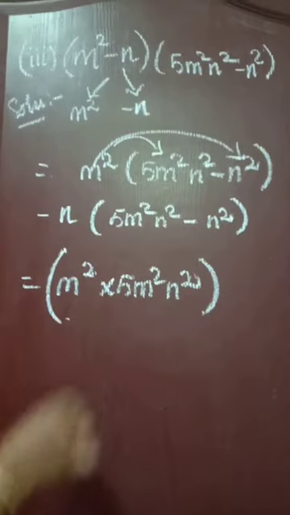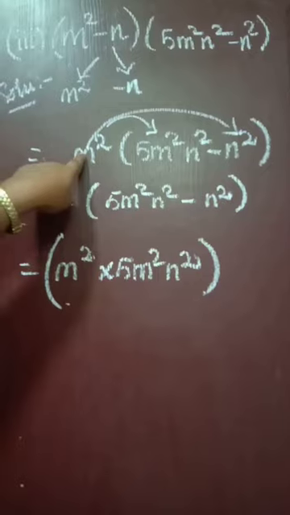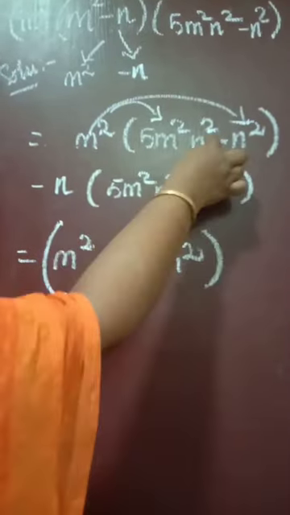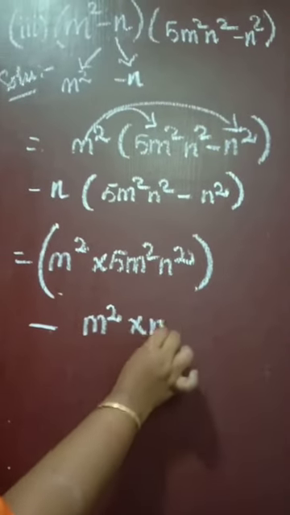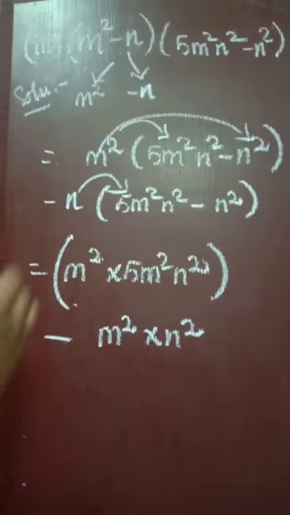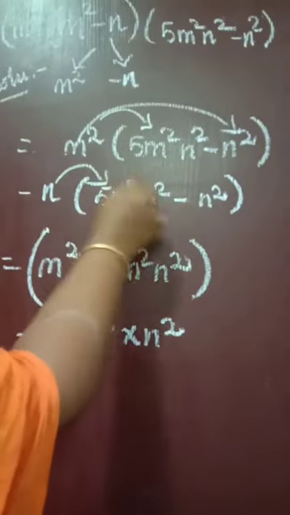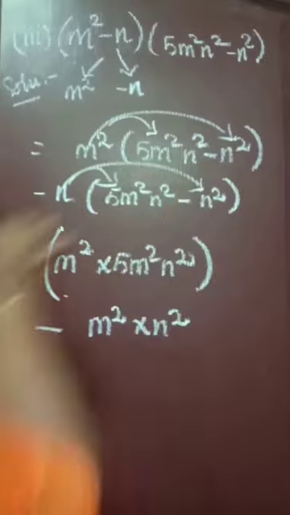I multiply m squared with the first term. Next, multiply m square with the second term: minus plus into minus minus. So m square into n square. Next, again apply the distributive property: minus n with the first term, and minus n with the second term.